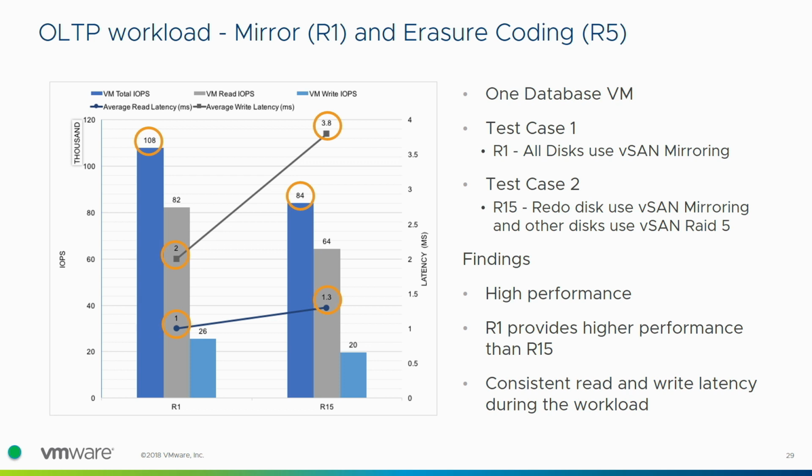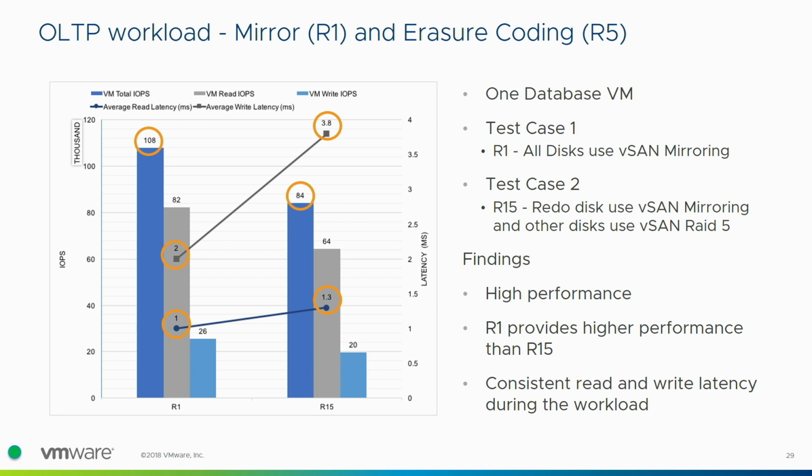And if you're looking at the write performance, it's about 26,000 IOPS versus 20,000 IOPS. This is the overhead introduced by RAID 5 or erasure coding. Like I said, erasure coding can bring you the capacity benefit. However, it introduces performance overhead here.